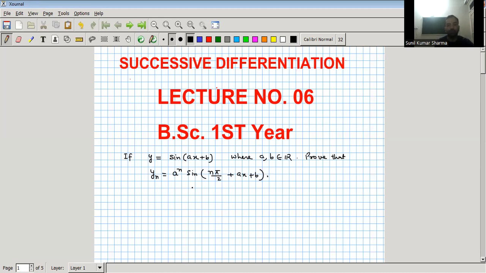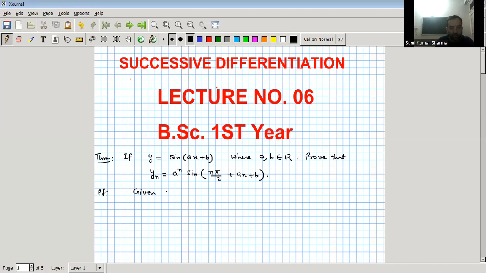So the function y is given, y is equal to sine ax plus b. We have to prove that its nth derivative yn is equal to a raised to power n into sine of n pi by 2 plus ax plus b. Okay, so this is a theorem. Now we prove this. What is given?